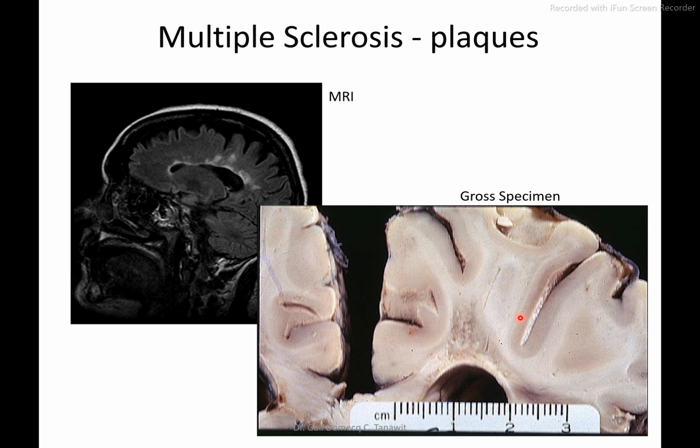In the MRI studies, kita nyo to, naging atrophic, parang naging kamay ng jellyfish. And we have plaques that can be appreciated. Sclerotic area is seen in the gross.